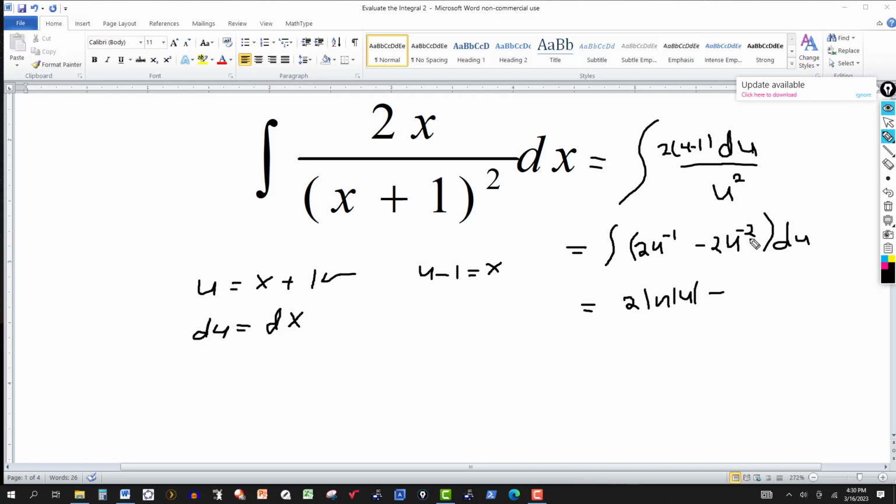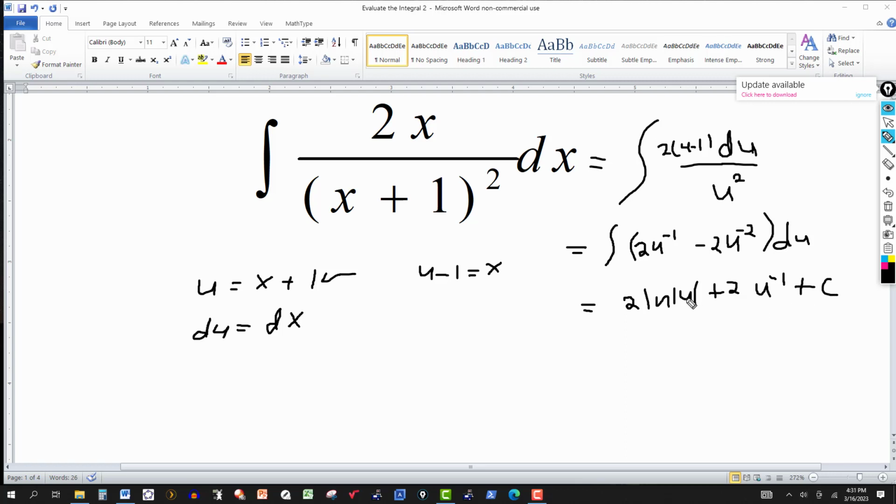Minus, and then for the next one, we add 1 to the negative 2, which gives me a negative 1. We divide the coefficient by that, and that's going to be plus 2 here. And then plus a constant.